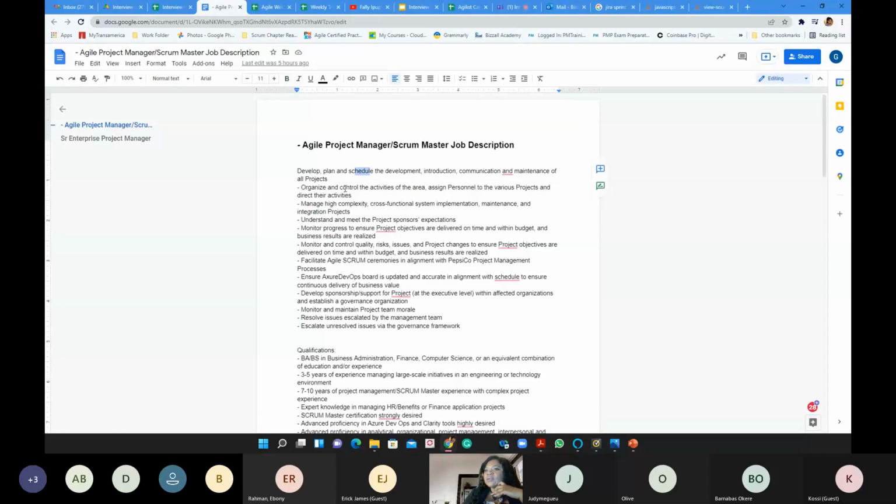Organize and control the activities of the area, assign personnel to the various projects, and direct their activities. So what does that mean? That means you, as a project manager, have a staff.